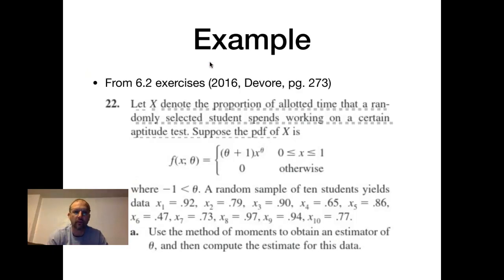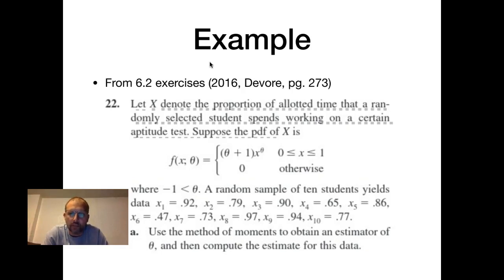From our textbook, chapter 7, section 2, in the exercises on page 273 is problem number 22. Let x denote the proportion of allotted time that a randomly selected student spends on a certain aptitude test. It gives us a PDF, theta plus 1 times x to the theta from 0 to 1, and 0 otherwise.